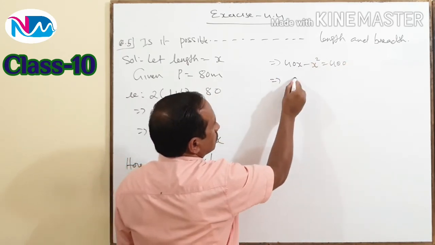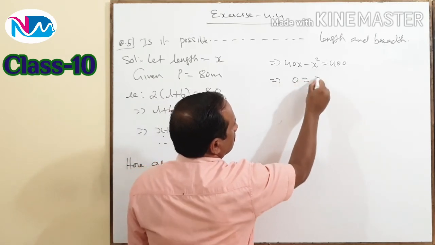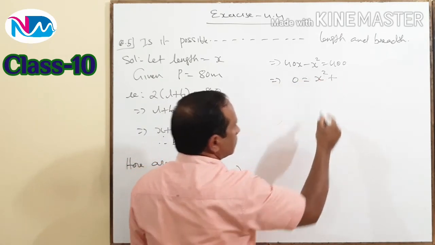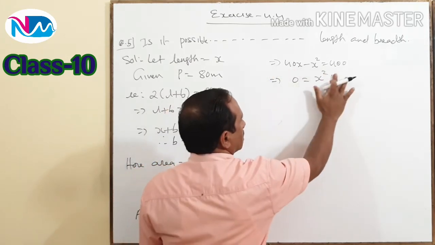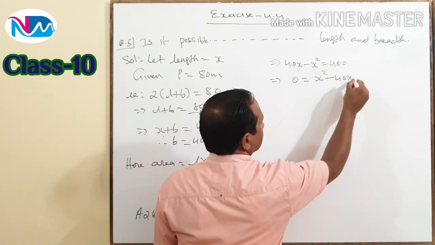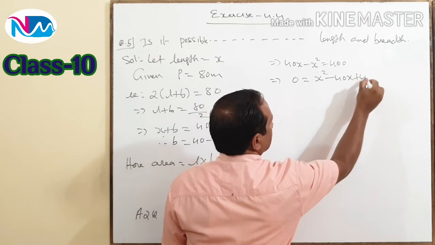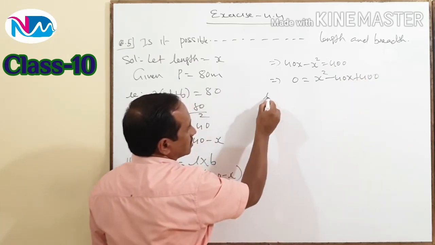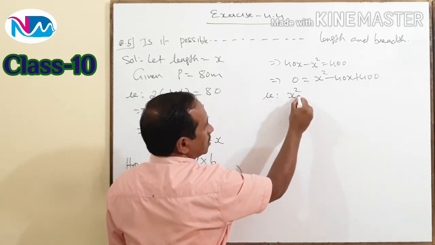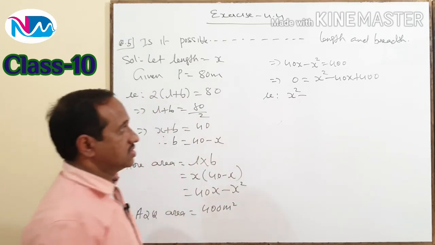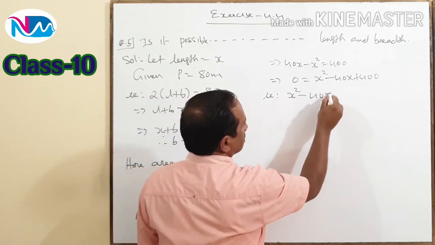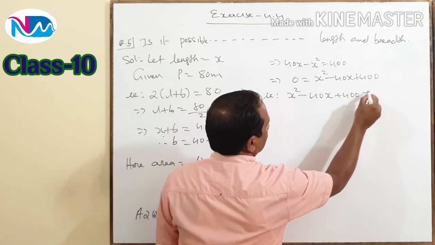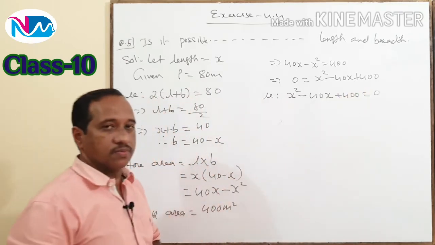Taking all the terms to RHS, 0 is equal to minus x square will go as plus x square, plus 40x will go as minus 40x, and here we have 400. That is, the quadratic equation representing the given situation is x square minus 40x plus 400 is equal to 0.